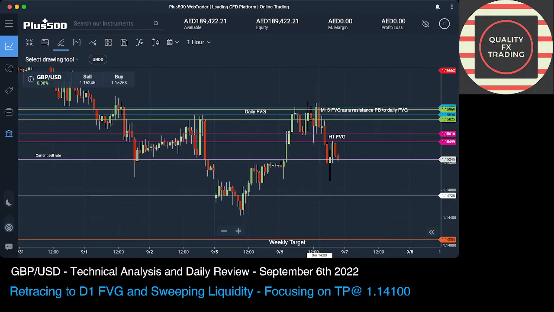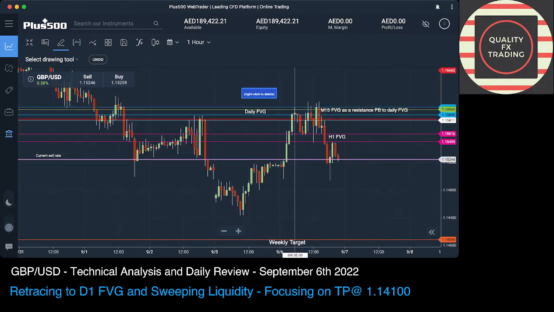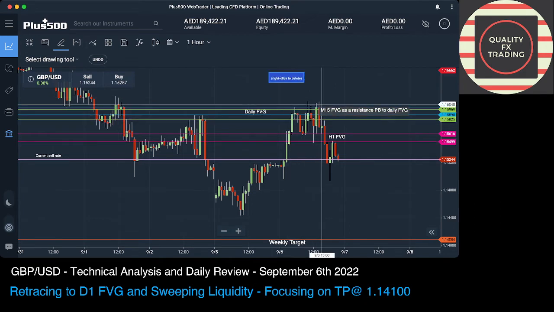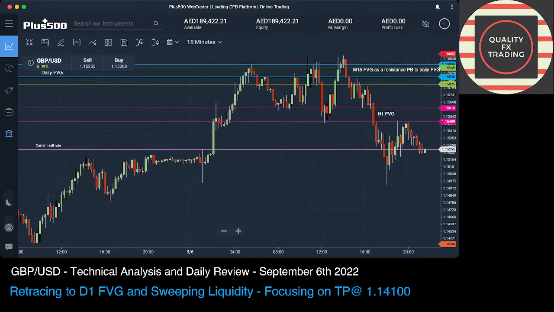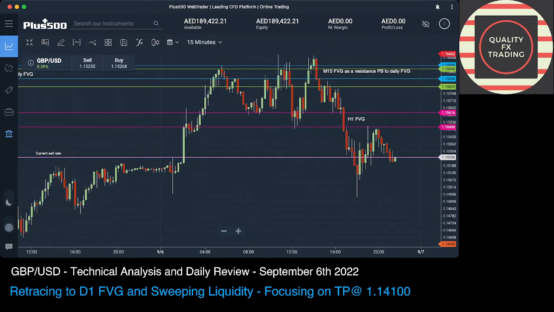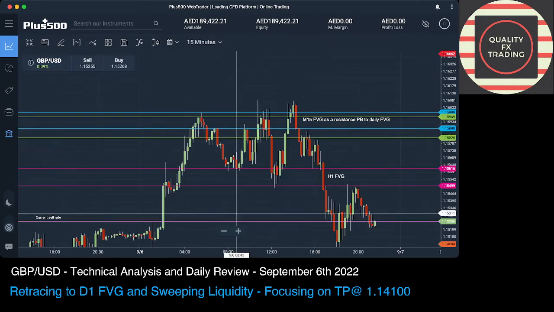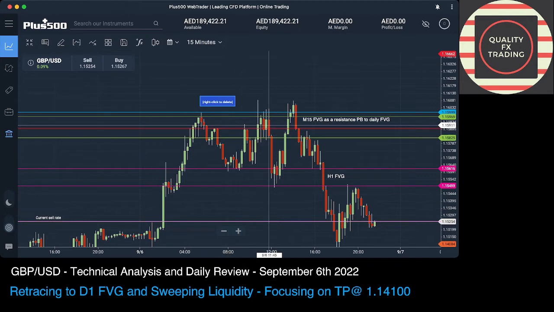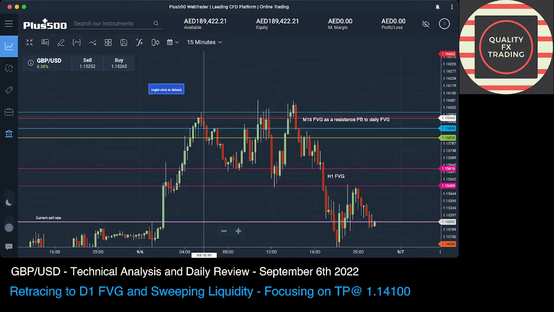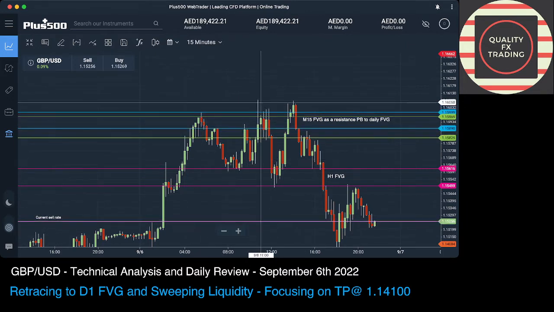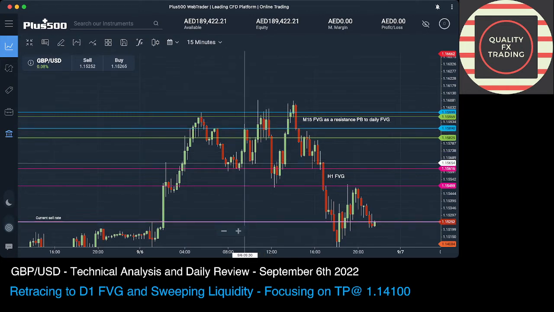What happened after that? I want to explain this area by going to a lower time frame, the 15-minute chart. Here you can see how perfectly, as usual, the daily fair value gap is acting as a resistance. Price is going above, and this move has happened in the pre-market to the London session.